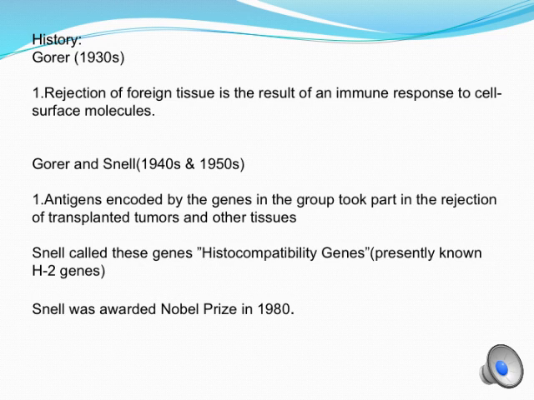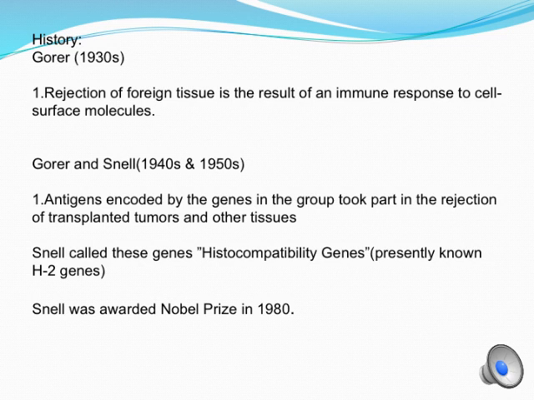In the 1940s and 1950s, Gorer and Snell found that antigens encoded by the genes in this group took part in the rejection of transplanted tumors and other tissues. So he called these genes histocompatibility genes.